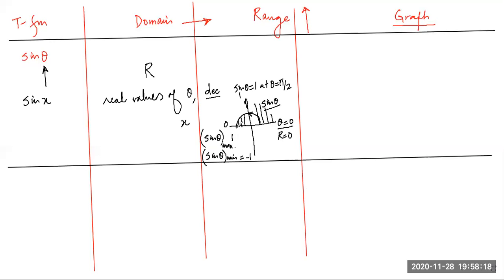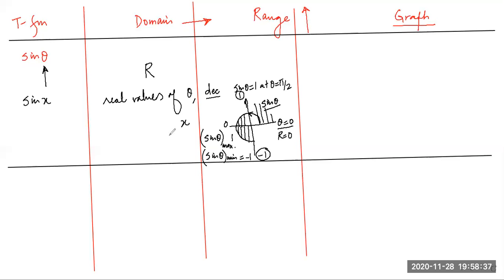But then again, here it becomes -1. It further decreases because perpendicular is negative. So the maximum value of sine theta is 1. Minimum value is -1, doesn't matter what the value of theta is.